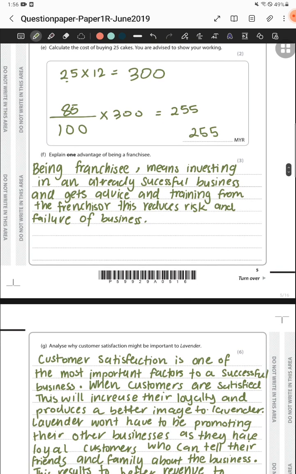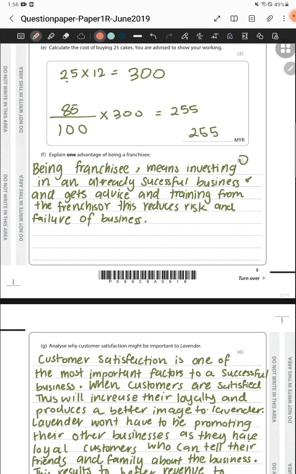All right. Explain one advantage of being a franchisee. Okay. Being a franchisee means investing in an already successful business. Now this is 1 point. You have 3 marks. This is one advantage, obviously. And it gets advice and training from the franchisor. Another one.